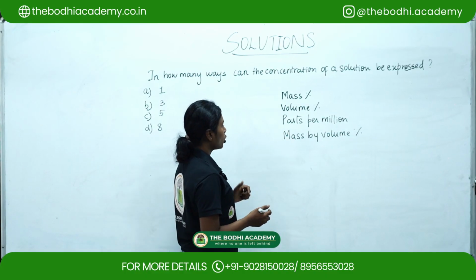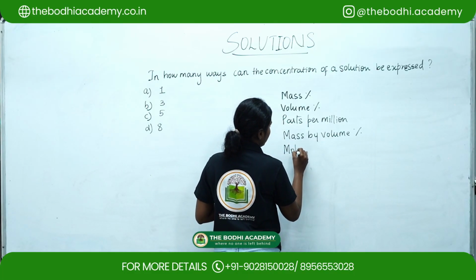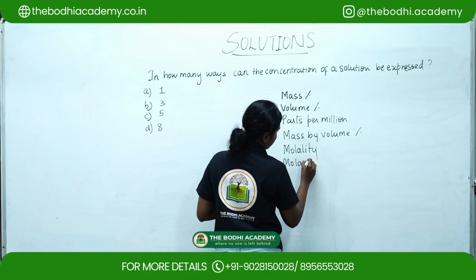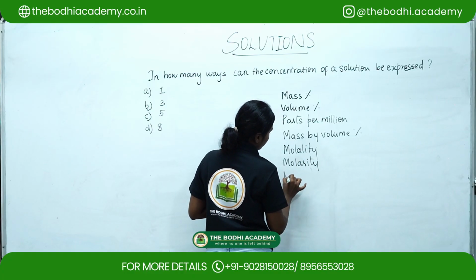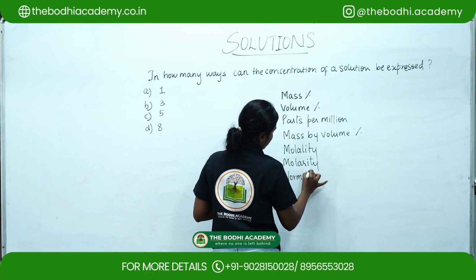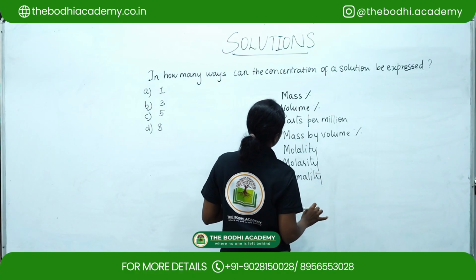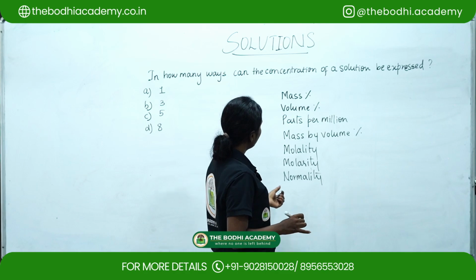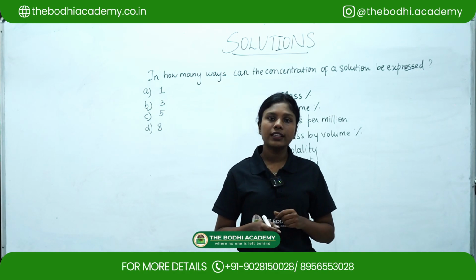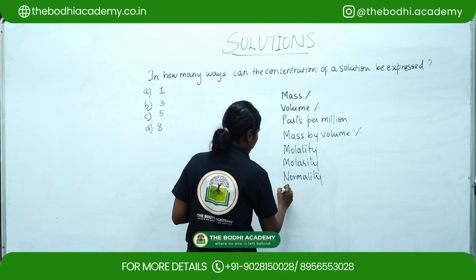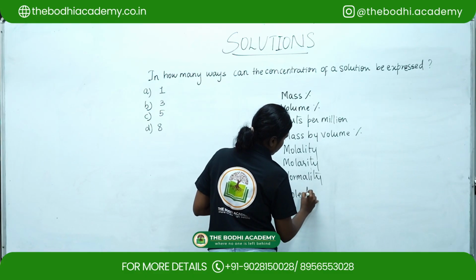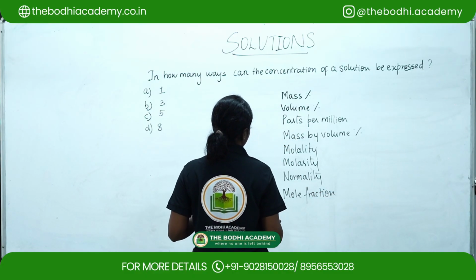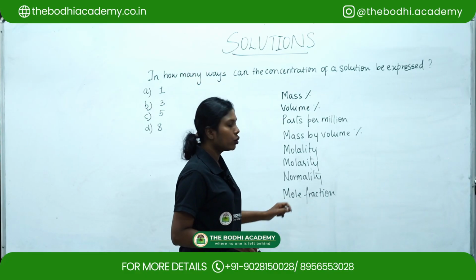Then we have our normal terms, that is molality, and also normality. Okay, apart from this we can have a few more, that is we can have our mole fraction also. Okay, so mole fraction is the last one.